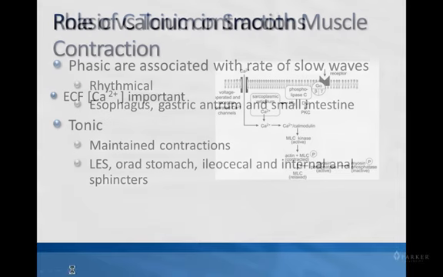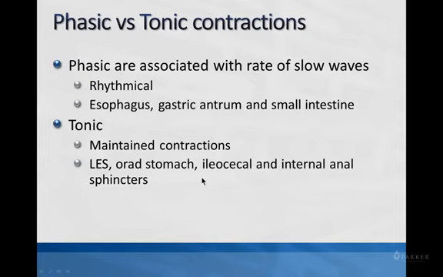Now, the last topic I want to do for the first part of the webinar is phasic versus tonic contraction. Smooth muscle can contract phasically with very rapid contractions and relaxations, or it can contract tonically with slow, sustained contractions. Where you see phasic contractions, think about things moving through the GI tract: through the esophagus, the first part of the stomach, the small intestine.